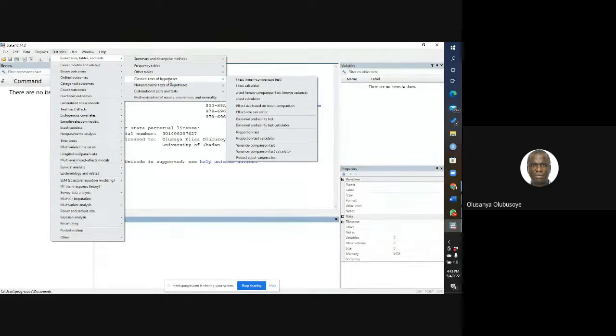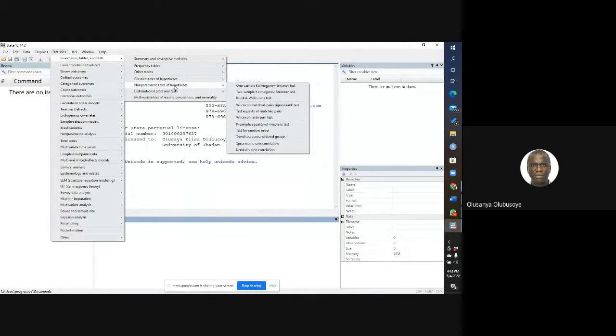After classical test of hypothesis, you will see the battery of tests for non-parametric tests. They are there: one-sample Kolmogorov, two-sample Kolmogorov, Kruskal-Wallis, and so on.